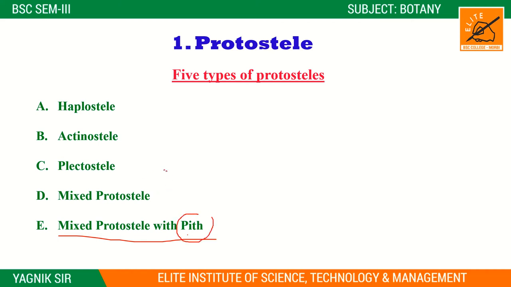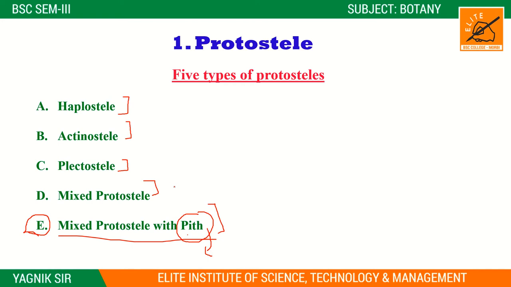So why is it present in this subtype? Actually this is the higher category of plant, that means the evolved plant, right? So normally haplostele, actinostele, plectostele and mixed protostele are present in the primitive plants, and some plants have the mixed protostele with pith present.